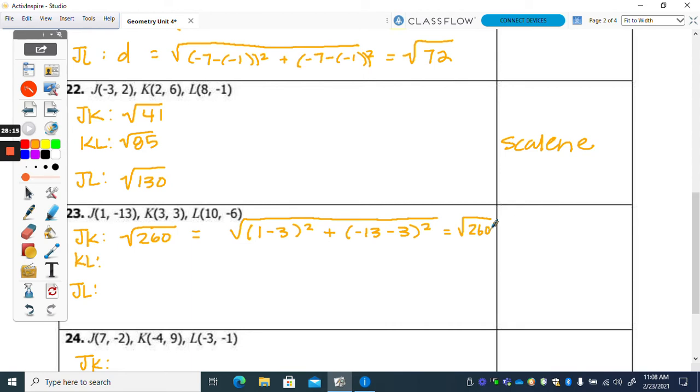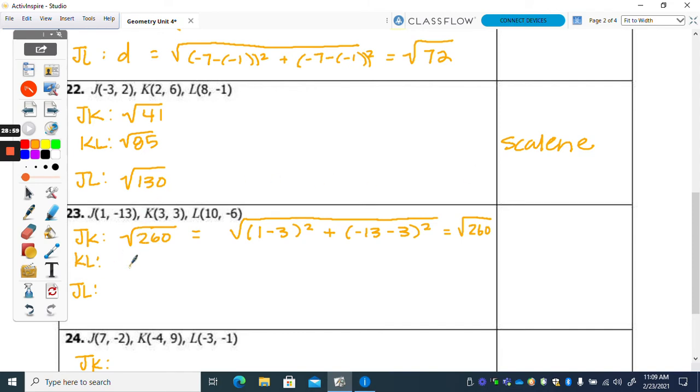So what I want you to do now is also figure the distance from K to L for me. 130.